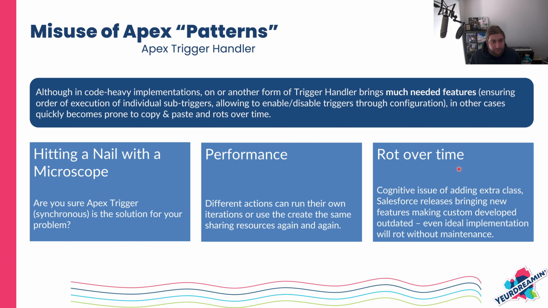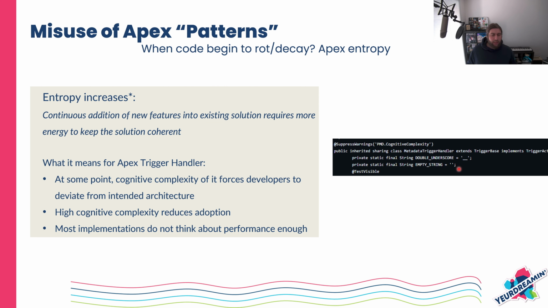And the most important, among all, I'm going to talk about it in another slide, is rot over time. Every iteration you implemented it, however, after addition to the code, after maintenance for 5 years, the solution becomes worse and worse. Entropy and decay of code is happening. It's inevitable.